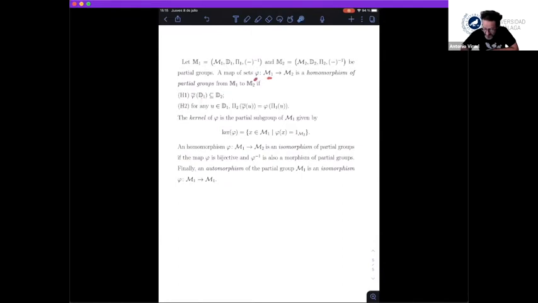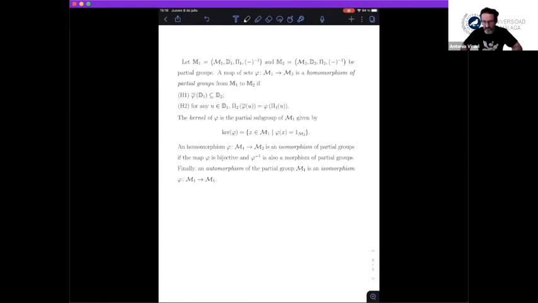So this map can be extended here, and essentially things that can be multiplied in M1 can be multiplied in M2. And as you expect, you can either multiply before applying psi, or first multiply and then apply psi, right? So there is a notion also of automorphism. So it makes sense.